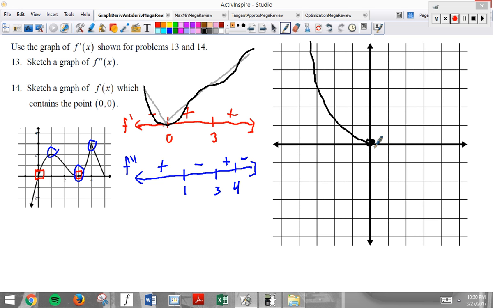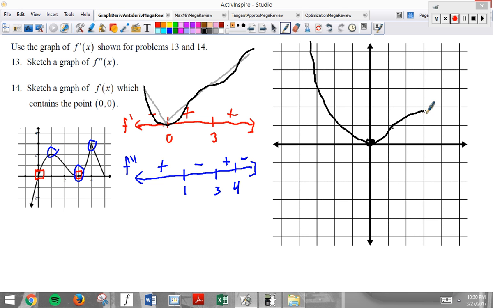So this has to be our minimum. Concave up. Concave up decreasing. Concave up increasing. Up until 1. Concave down increasing. Up until 3.